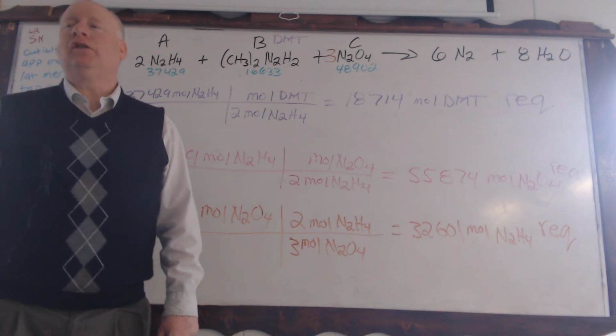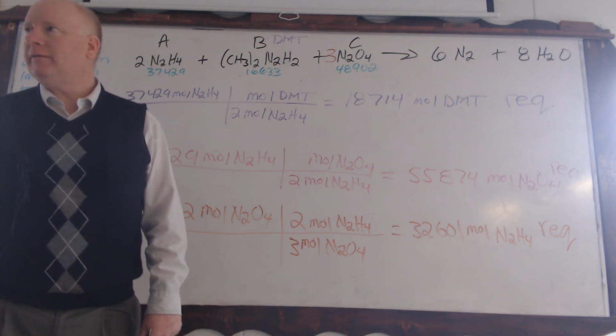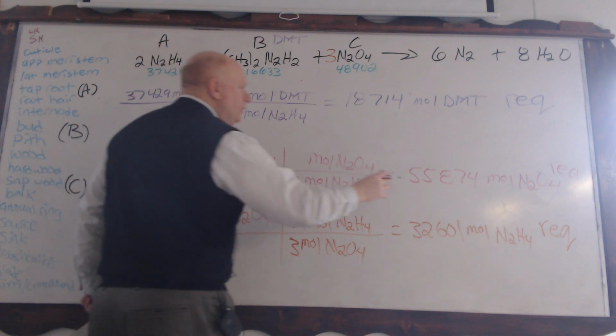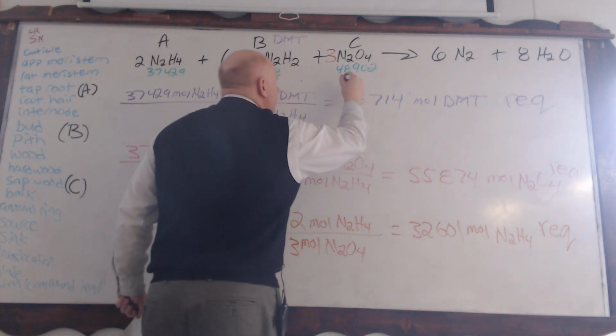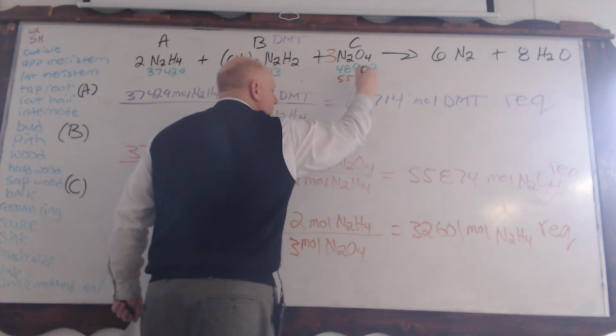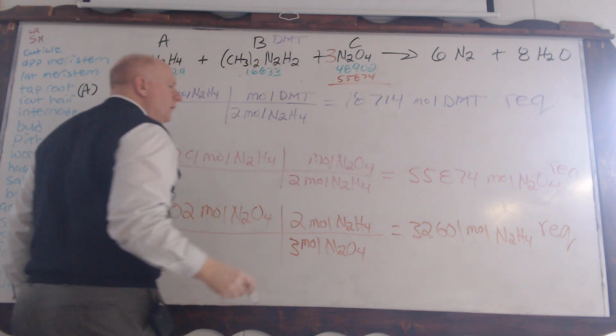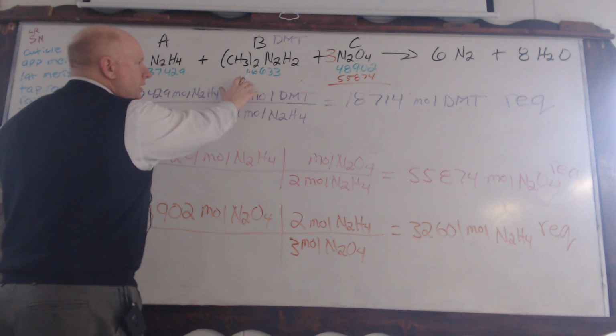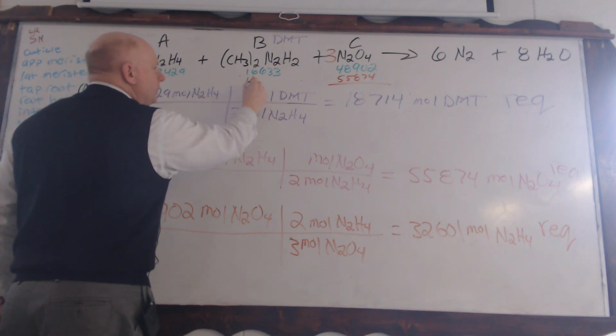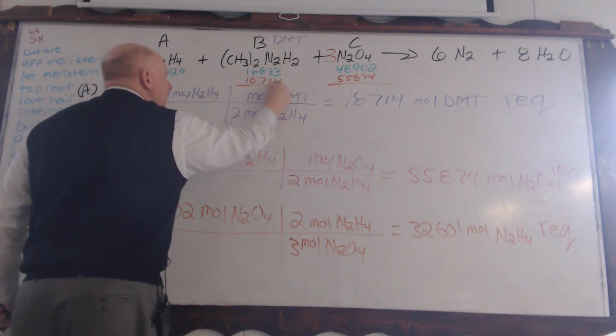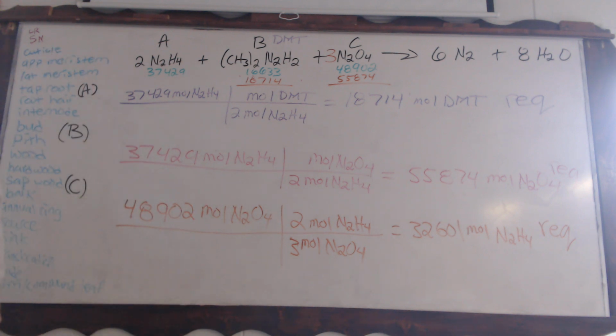Which has a larger discrepancy? In other words, if we do this, N2O4, we put 55,874 and subtract. Then if we did the same thing here, 18,714, which one has a larger discrepancy?